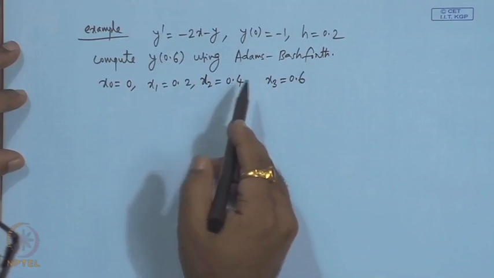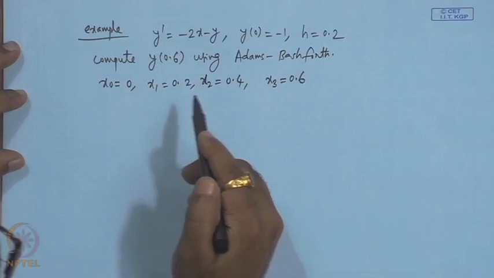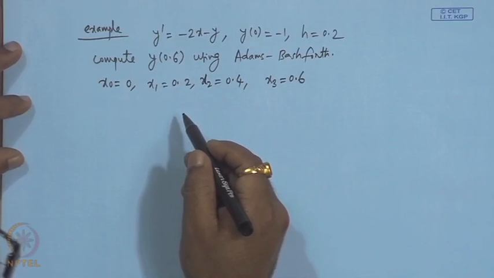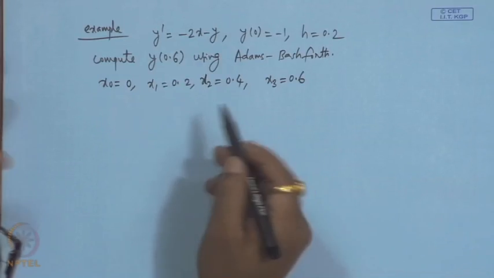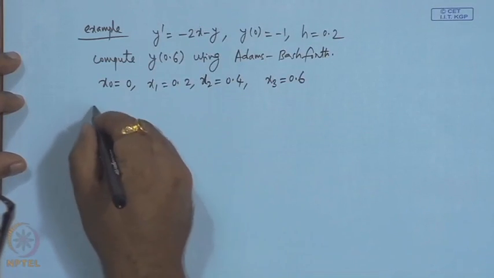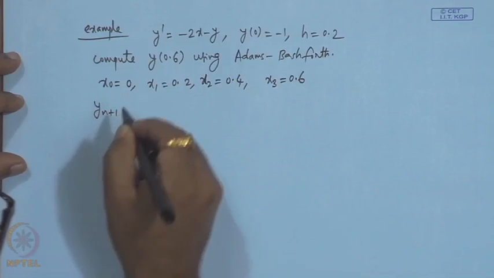Now, to compute y 3, your Adams-Bashforth is asking for some past points, y 1, y 2, y 0 of course. Let us look at your method, Adams-Bashforth.